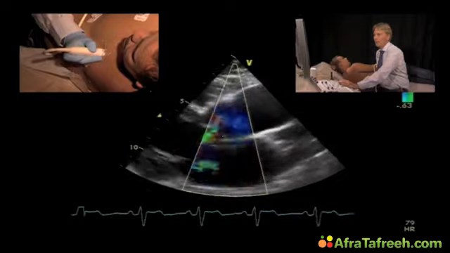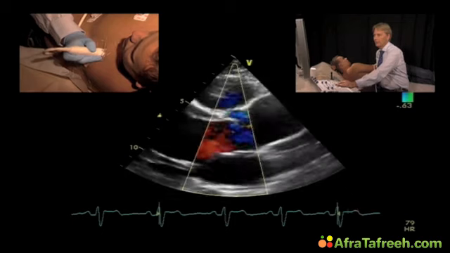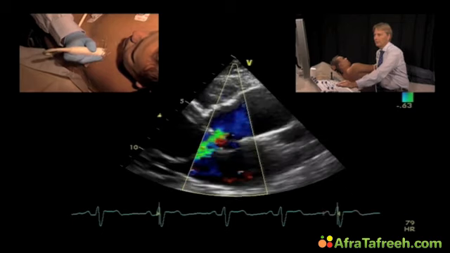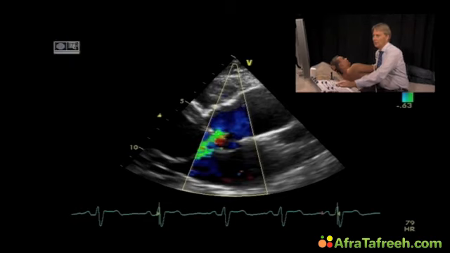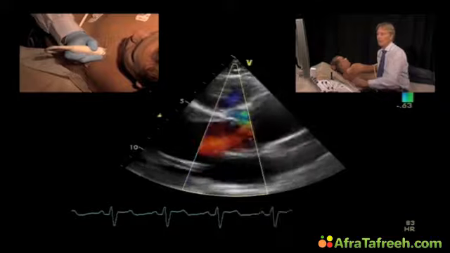We will also try to measure the vena contracta, which is a bit difficult to do. It would be somewhere in the range of 0.6 centimeter, which is significant.